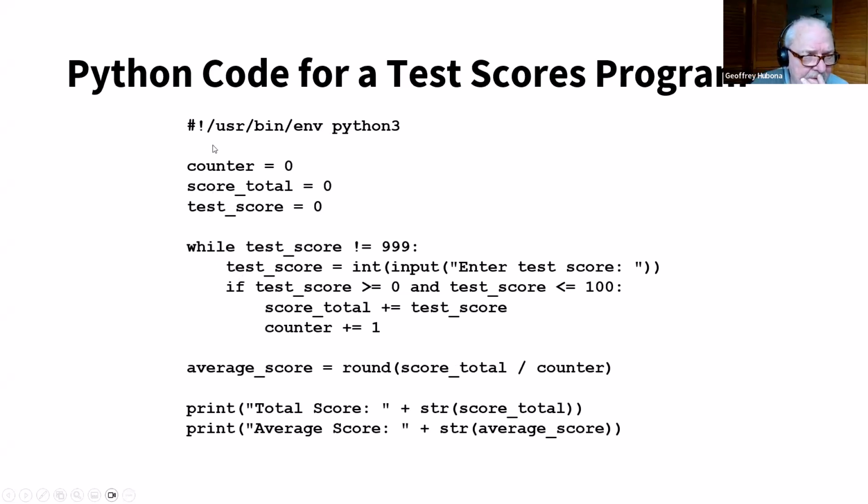Notice in this code, which was a little different from the test scores that I just ran, after this while statement, the subsequent lines are indented by four. And after this if statement, and we'll talk about while loops and if statements probably next week, the embedded lines that are part of the if statement are also indented by four. This indentation means something to Python, and if you don't get it just right, you'll get an error.